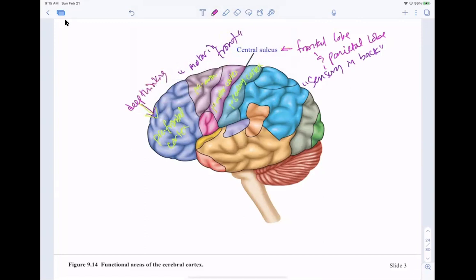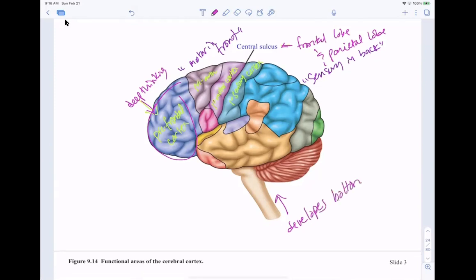And this prefrontal cortex is the last to develop. So your brain starts off as a hollow neural tube, and that kind of is your spinal cord, and it morphs up into a brainstem, and then it morphs up into a diencephalon and cerebrum, and so it develops really from the bottom up.